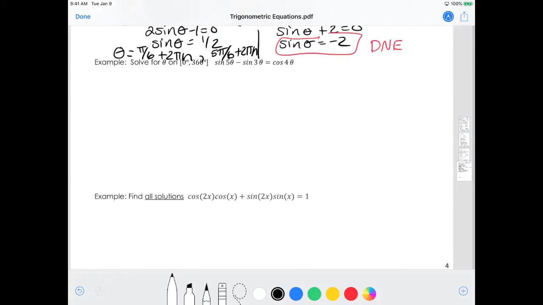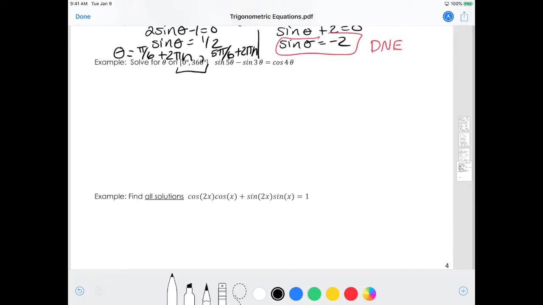For the next example, we are going to solve this just on the first rotation. And notice that the interval that's given to us is 0 to 360 degrees. So this question is asking us to do it on the first rotation and answer in degrees.